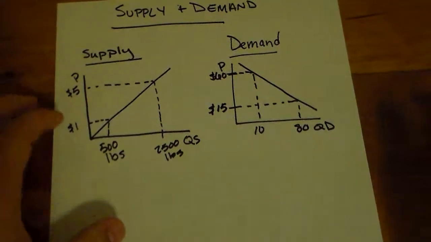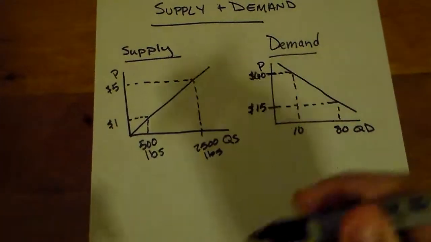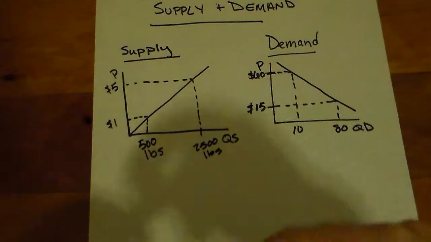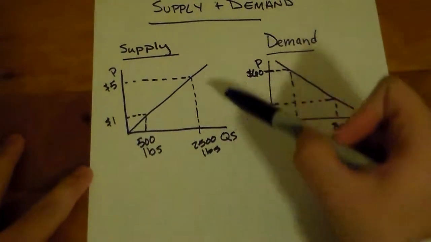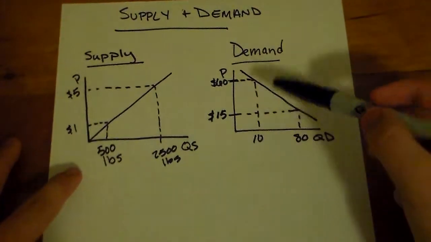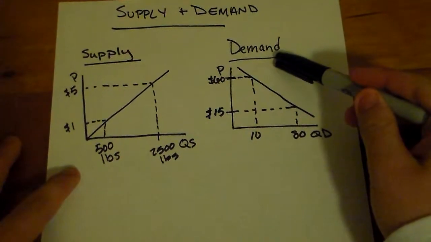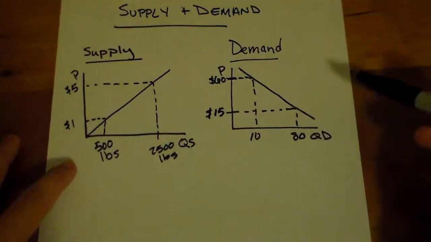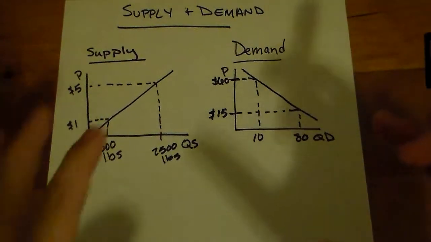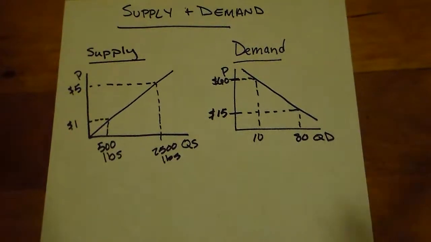Because if we look back at the supply graph, the higher the price, the higher the quantity. But if we do demand, the higher the price, the lower the quantity demanded. You gotta be careful with what's going where.